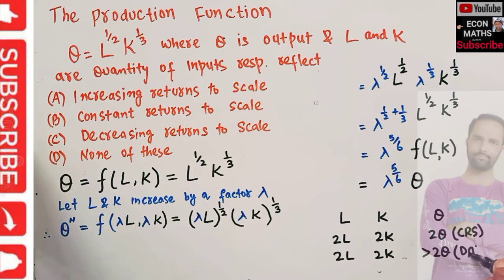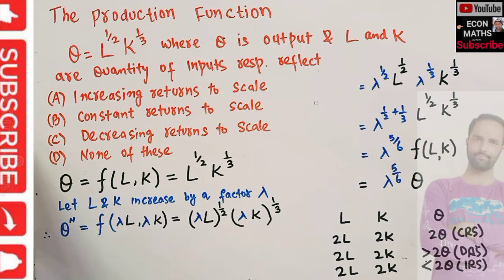Another combination can be, if labor is doubled, capital is doubled, and my output gets more than doubled, in this case I can say the given production function exhibits increasing returns to scale.